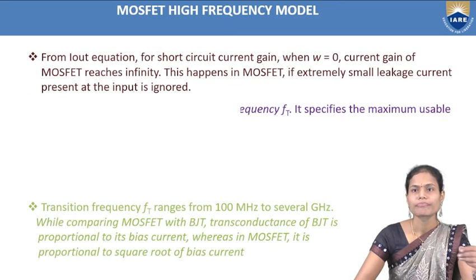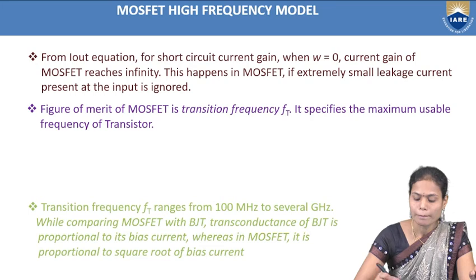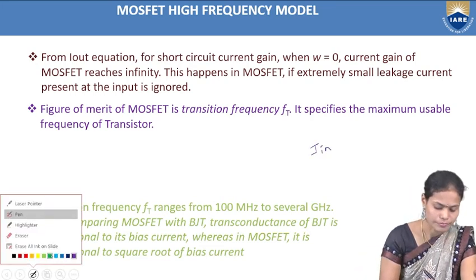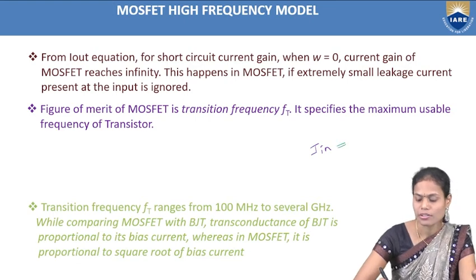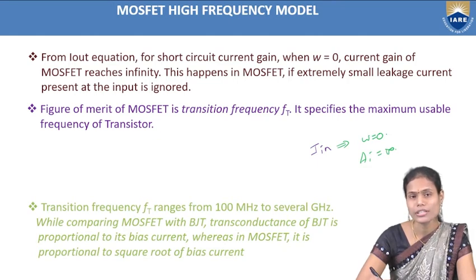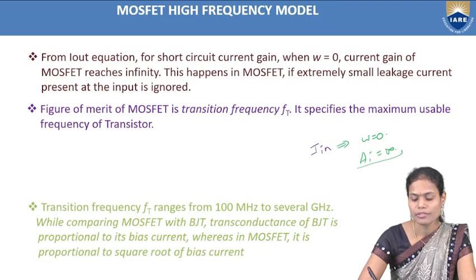Now if we make omega equal to 0 in the I_in equation, we will get the short circuit current gain as infinity. Why do we get infinity? Because we are not considering the effect of leakage current. The leakage current is very small, since it is due to the minority charge carriers, so we neglect it. Once we neglect the leakage current, we get the gain as infinity here.